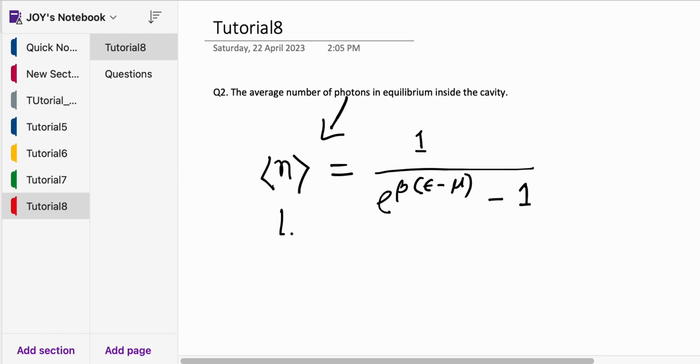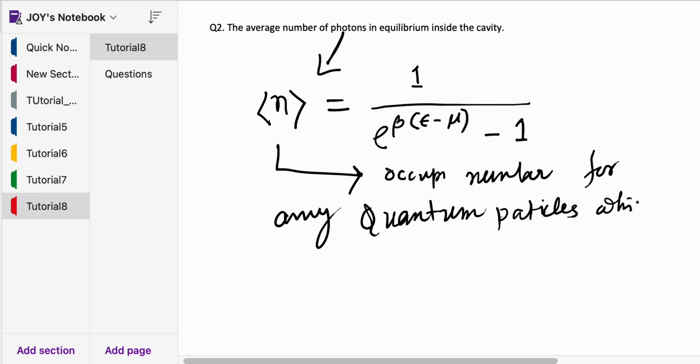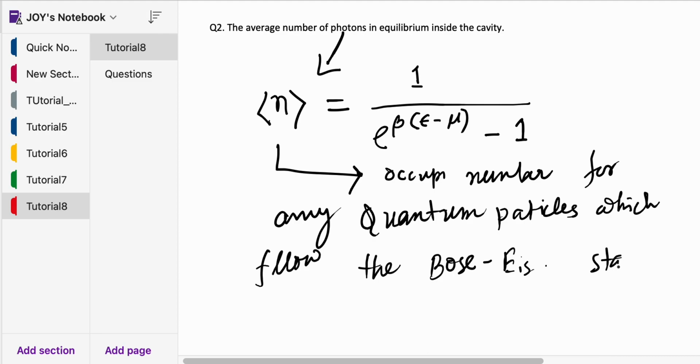It is generally the occupancy number for any quantum particles which follow the Bose-Einstein statistics.